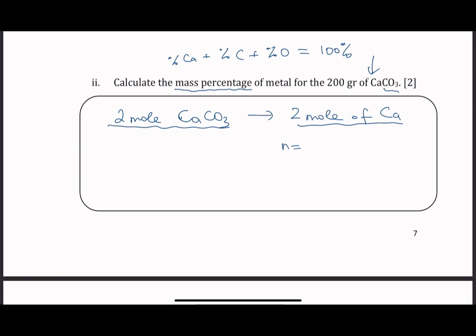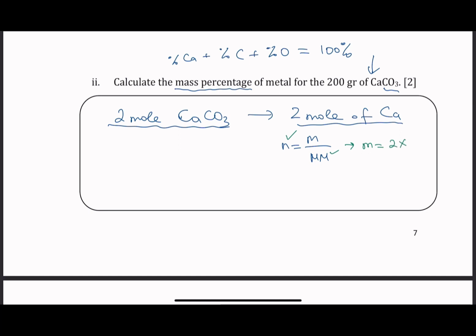You know the formula n equals m over mm. Now you have the mole number, which is 2, and the molar mass of calcium is going to be 40 if you check out the periodic table. So m would be 2 mole multiplied by 40 gram per mole, mole cancels out, and this would be 80 gram.